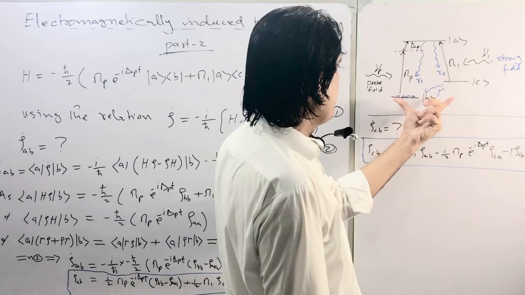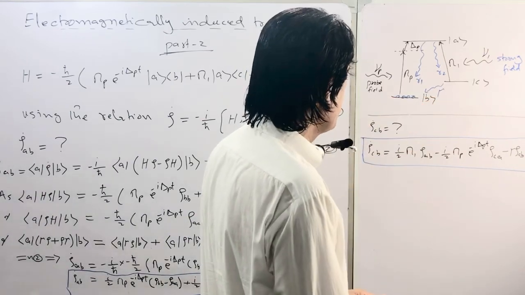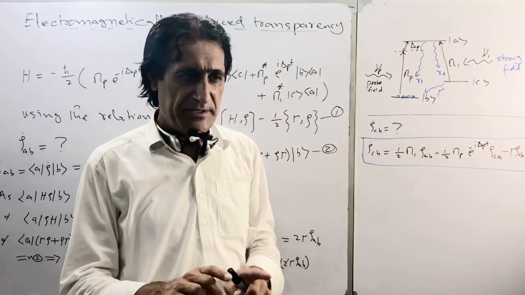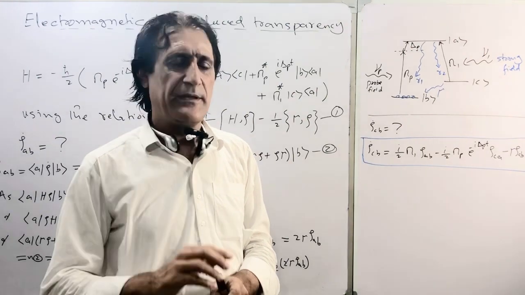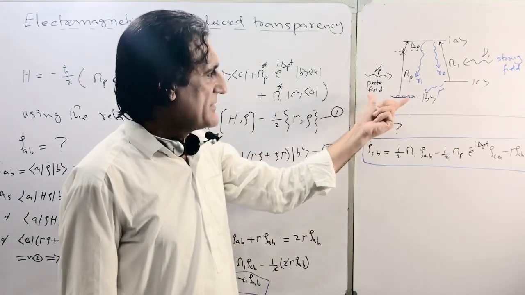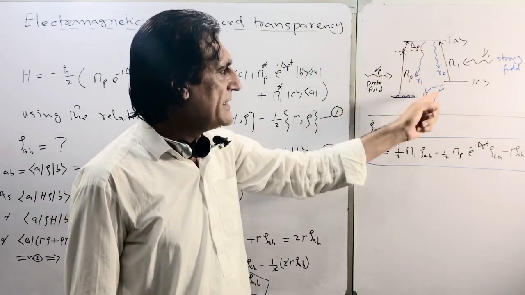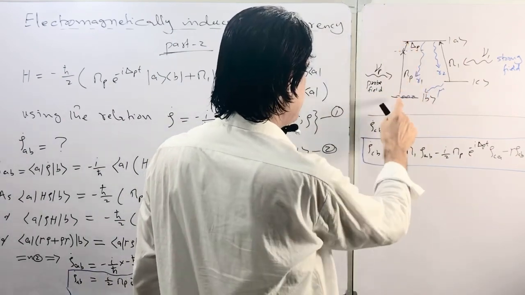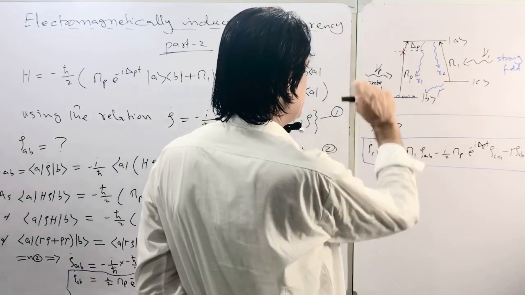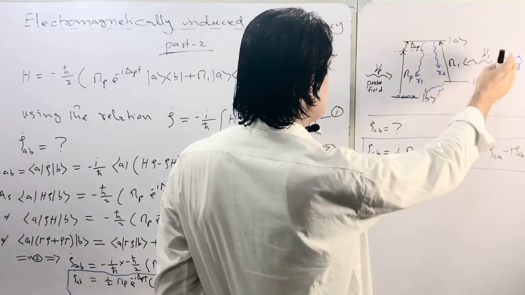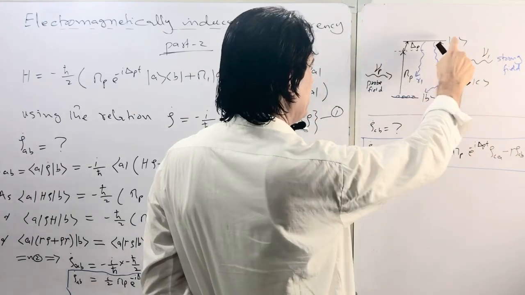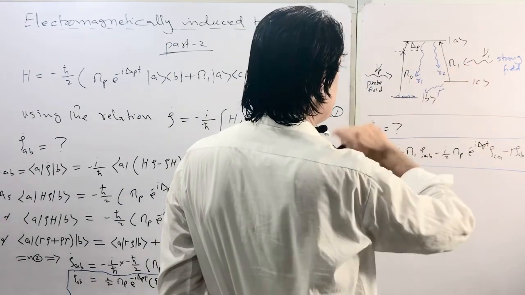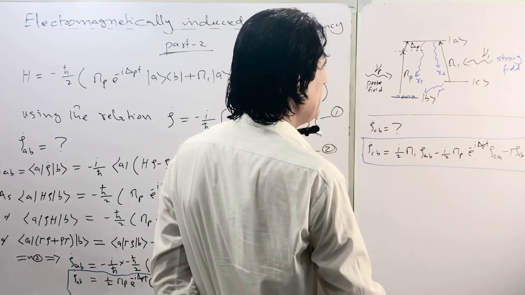So the first thing is we should consider an atomic medium. Last time we considered an atomic medium, and now we pick one atom, and this atom consists of three levels: A, B, and C. Here a probe field is applied between A and B, which has detuning delta P, and the strong field is applied between A and C, which has Rabi frequency omega 1, and this is Rabi frequency omega p.